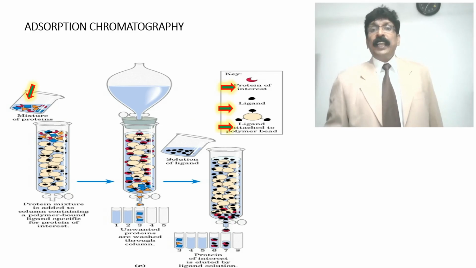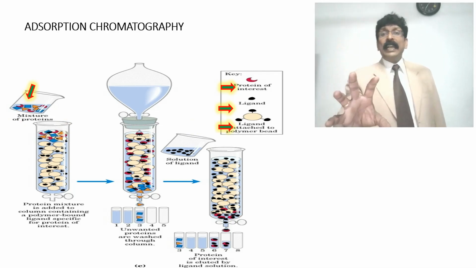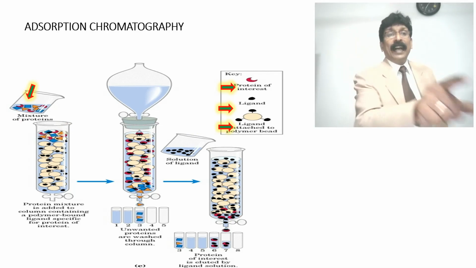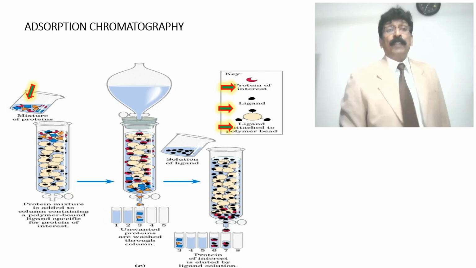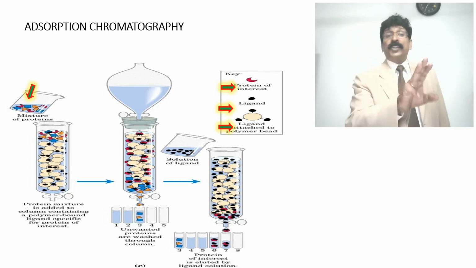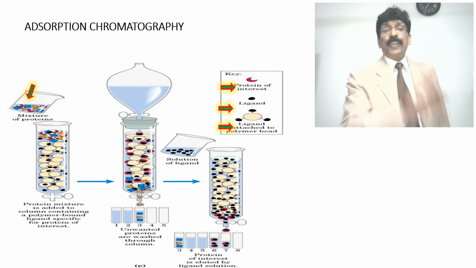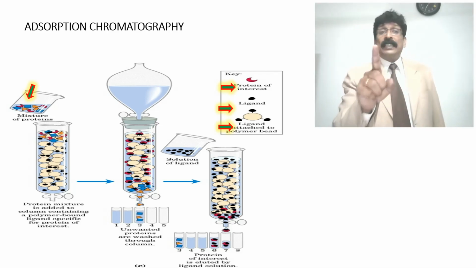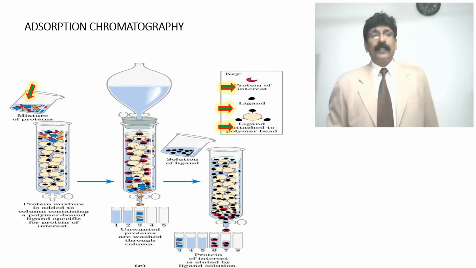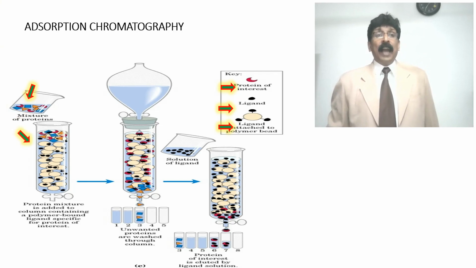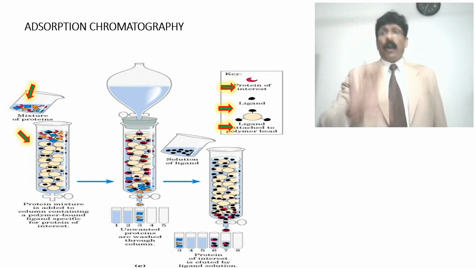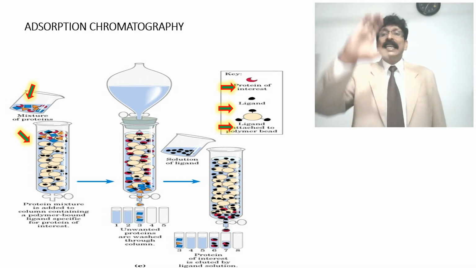So see here, this is the ligand, and the protein which you are interested in is the moon-shaped red color one, and you have the mixture of protein which contains all three proteins. There is the red color moon shape, the blue square shape, and the orange triangle shape also there. Can you see it? And now it is poured at the top of the column which contains a stationary phase.